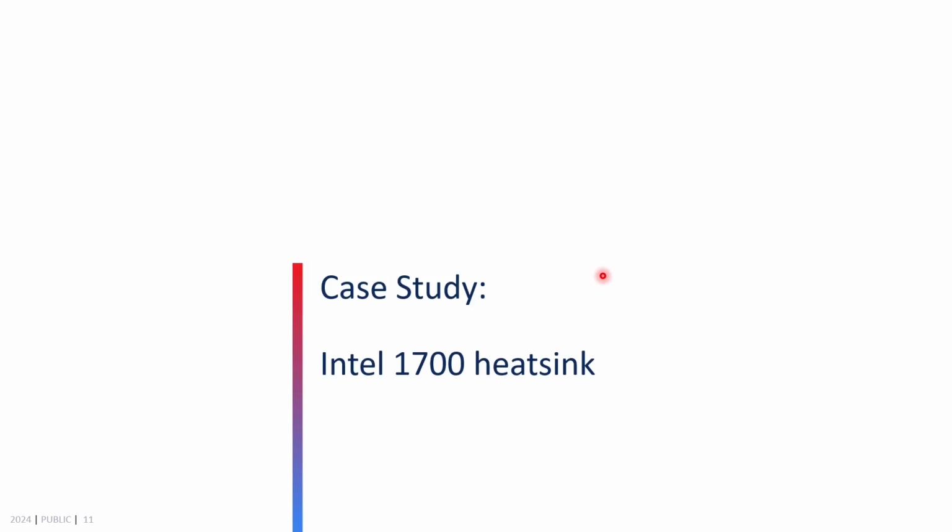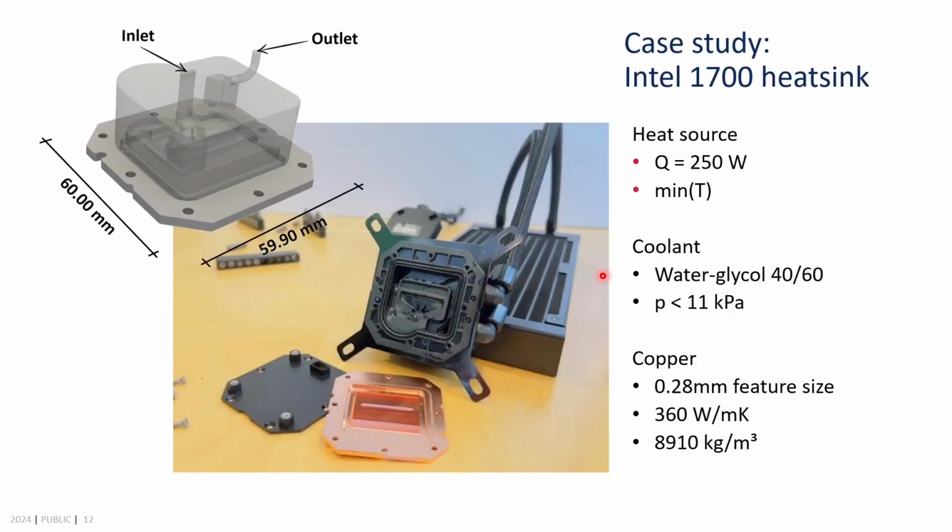Let me very briefly talk about the case study that we did. In this case study, we bought an off-the-shelf Intel CPU cooler. What you see here in this image, this copper heatsink, is something that comes as the default heatsink.